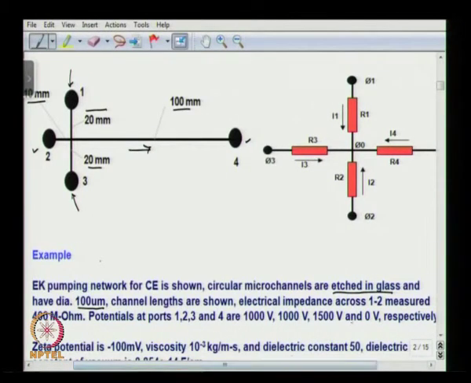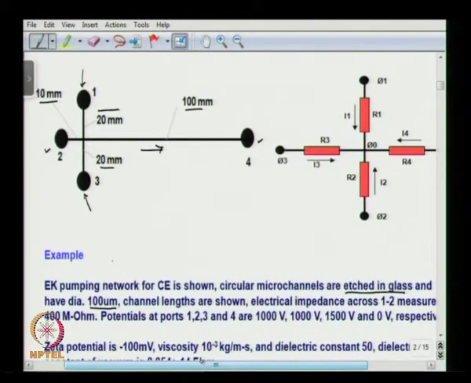The electrical impedance across 1 to 2 is measured. So you can measure the electrical impedance between port 1 and port 2. That is measured to be 400 mega ohm. Now the potentials at ports 1, 2, 3 and 4 are given. Port 1 is 100,000 volts, port 2 is 1000 volts, port 3 is 1500 volts, and port 4 is 0 volts.